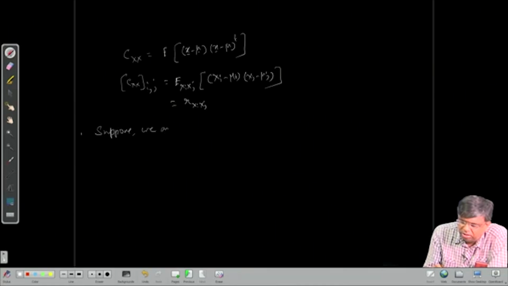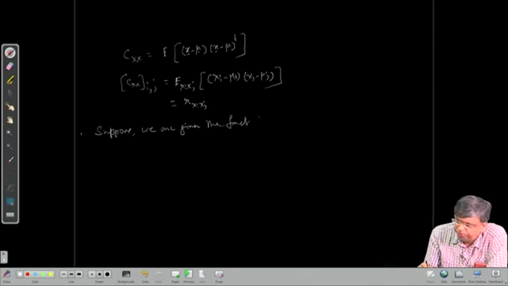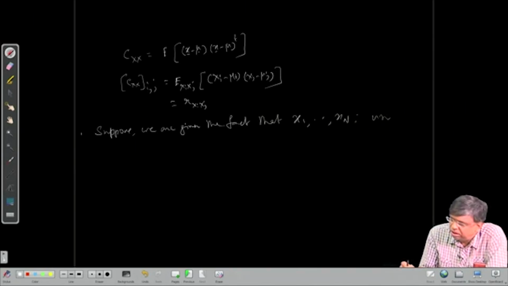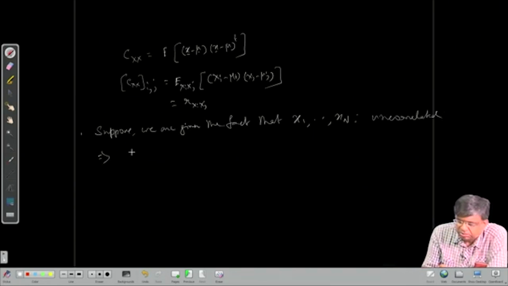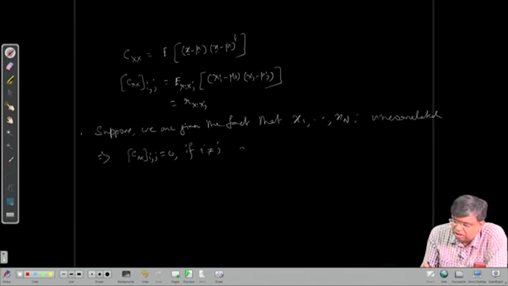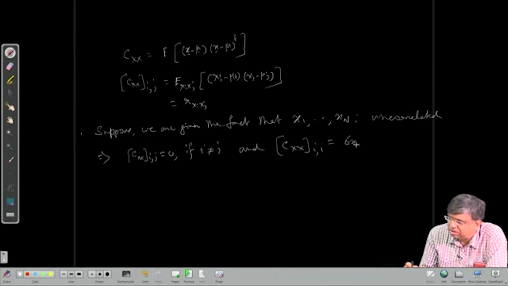we are given the fact that x1 to xn are uncorrelated, meaning Cxx(i, j) is 0 if, as I told here, i is not equal to j, and the Cxx ith diagonal entry, so (i, i), will be the variance sigma xi square, variance of xi.